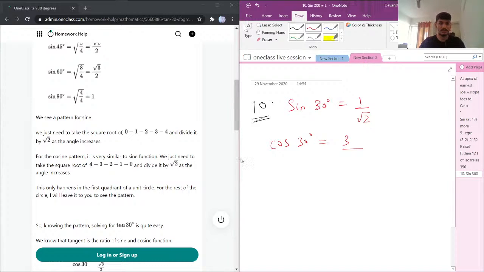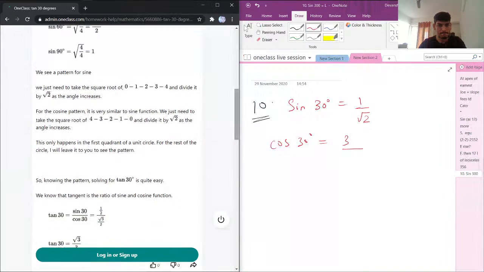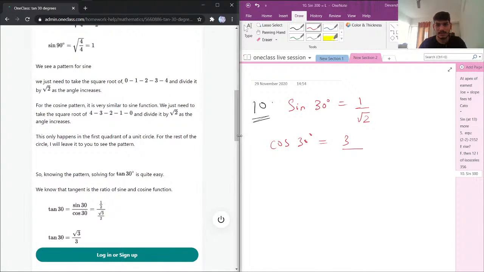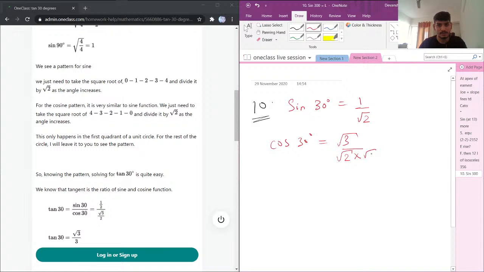For 4 it is dividing by 2, for 3 it will be the square root. Here we have 2 for 4 and 2 for 2. Here also I should be adding 2 because it is the second number. So I will get 1 by 2 and root 3 by 2, which are the correct values for sine 30 and cosine 30.